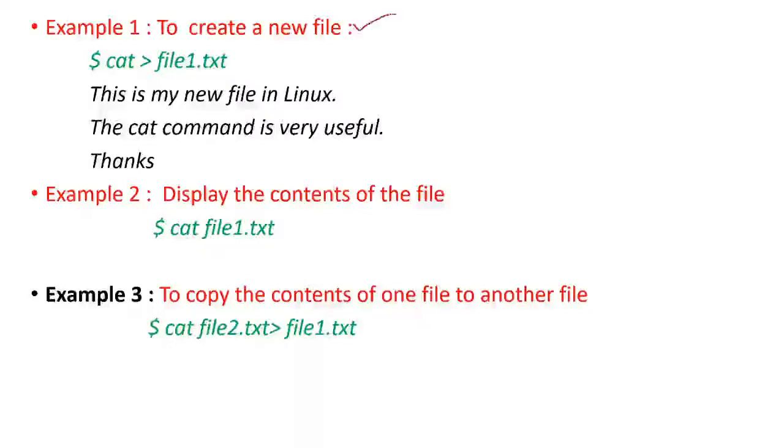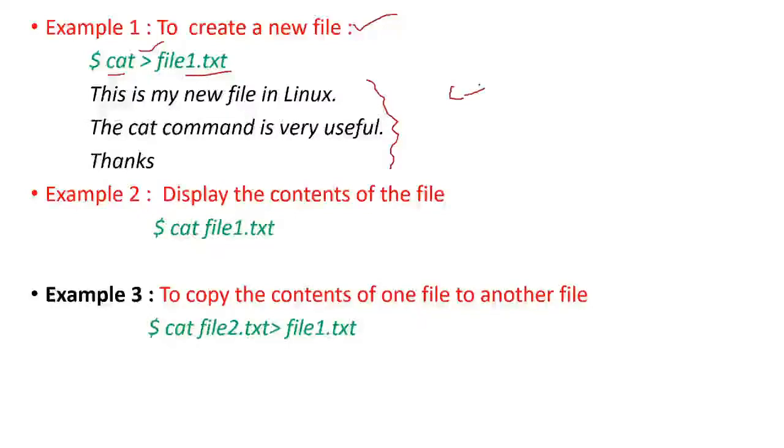First example, to create a new file. If you want to create a new file, type the cat command, the output redirection operator and the file name. When you type this, it will prompt you for writing the contents of the file. Then you are going to write the contents of the file. After writing the contents, you need to save this file. So how are you going to save this file?